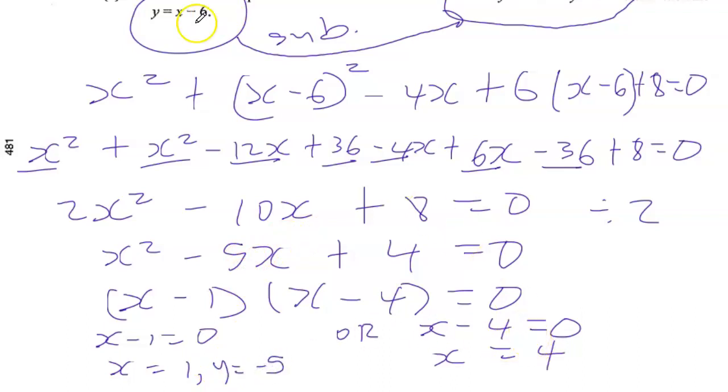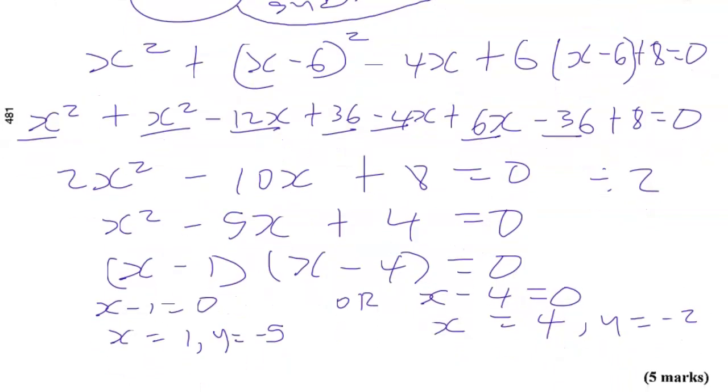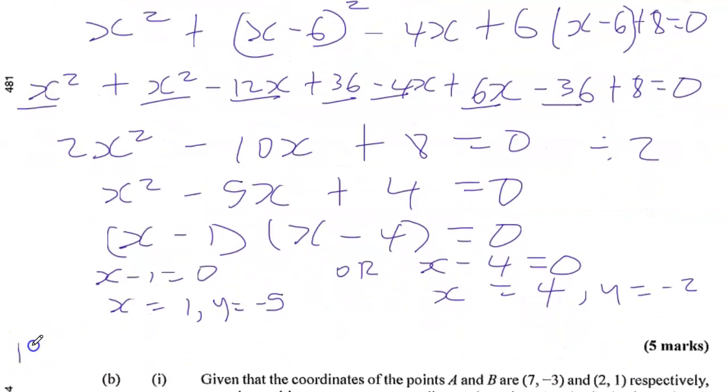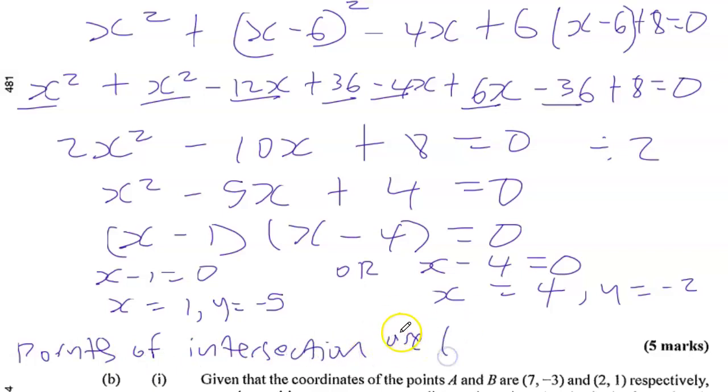And if x is equal to 4, then y would be equal to 4 minus 6, which is negative 2. So the points of intersection for the line and the circle are when x is 1, y is negative 5, and when x is 4, y is negative 2.